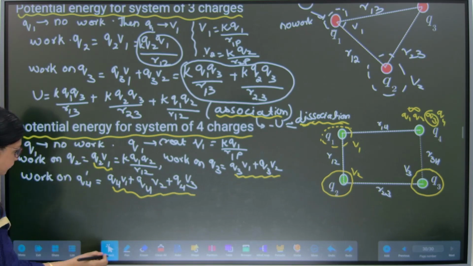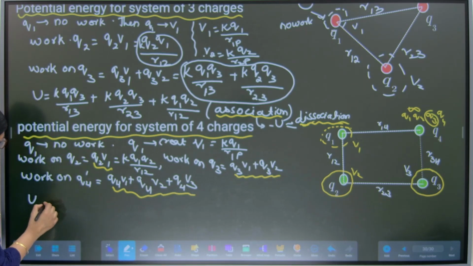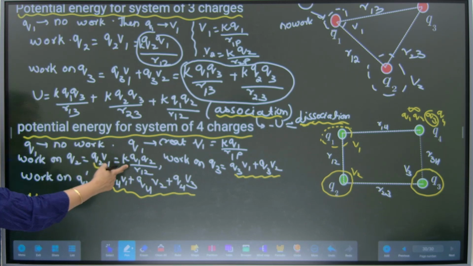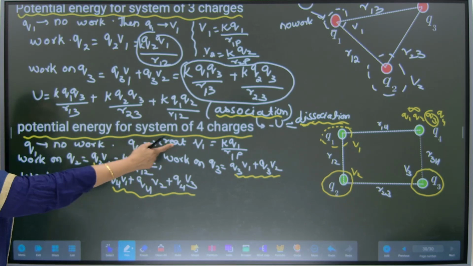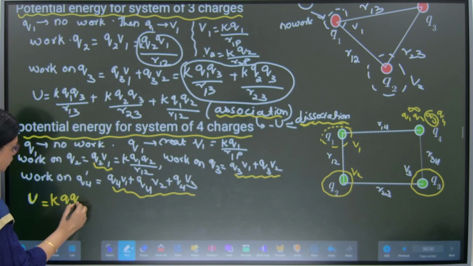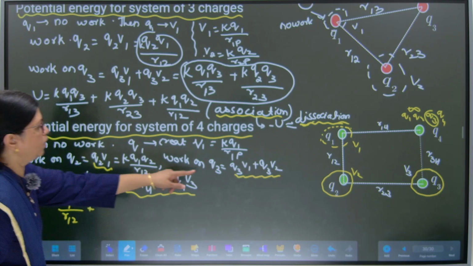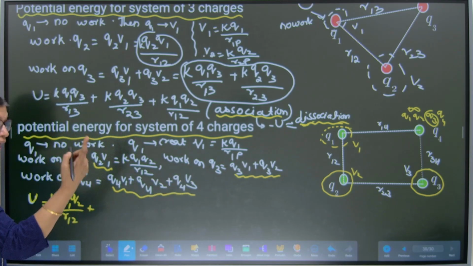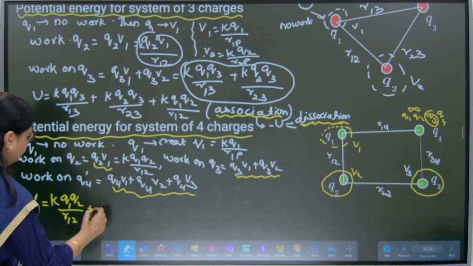Okay. So U is equal to, let me write the first one. Where is the first one? This one. Okay. K Q1 Q2 upon R12 plus, what is the second one? Q3 and 1. 3 and 1 combination you remember.